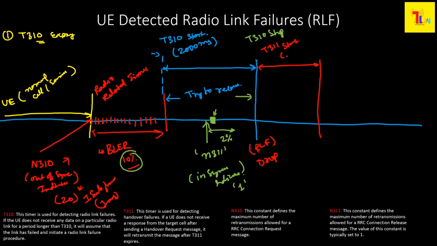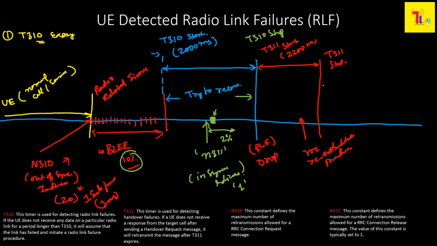It will be a little bit more than that, suppose 2200 ms or 25. So it will be more than this. And in this duration the RRC re-establishment procedure will take place.